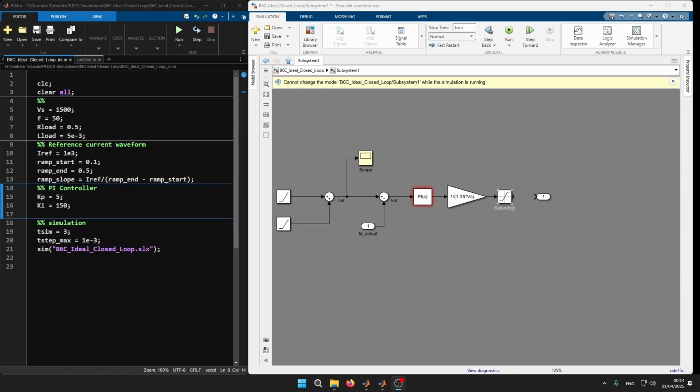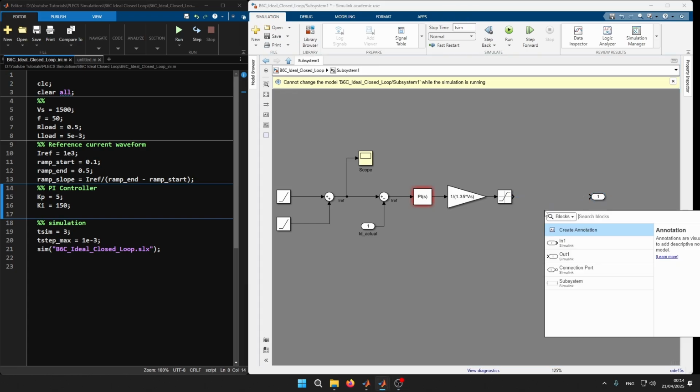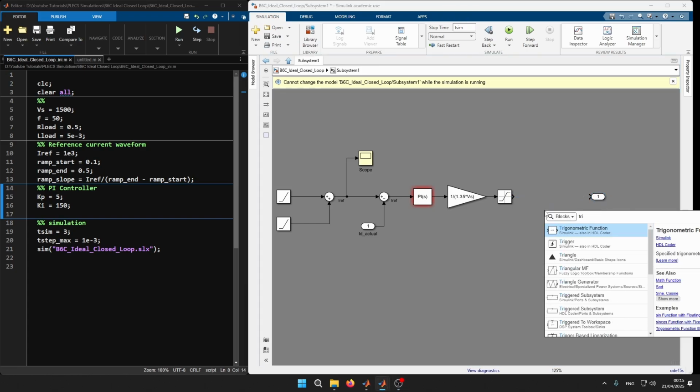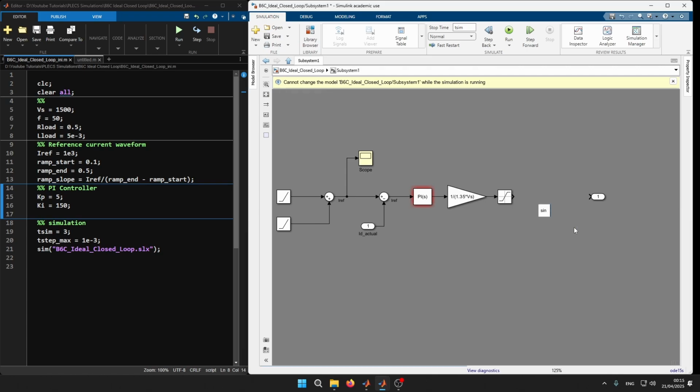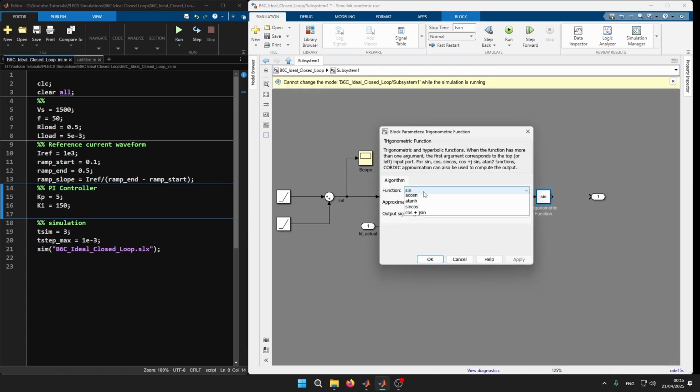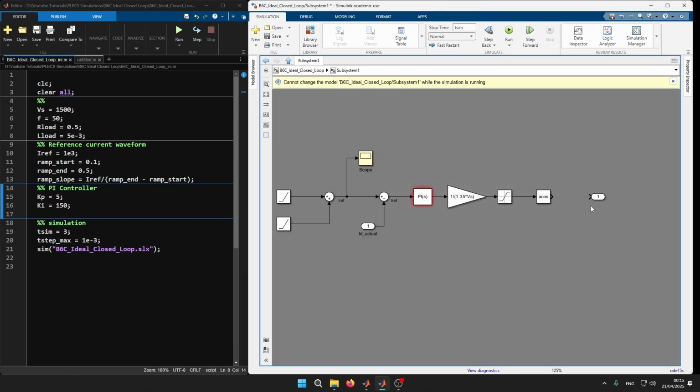So VDC is then divided, or normalized, by that 1.35 times Vs, and we want to feed it to a trigonometric function, which is the arc cosine. So I take a trigonometric function block, name it arc cosine, A cos, and that would be our alpha.